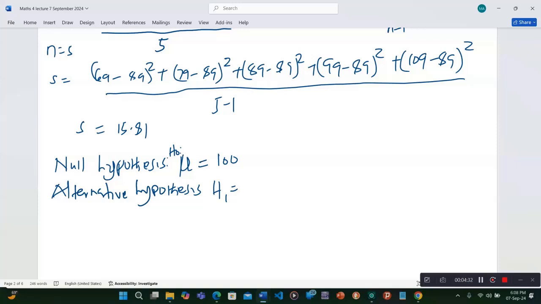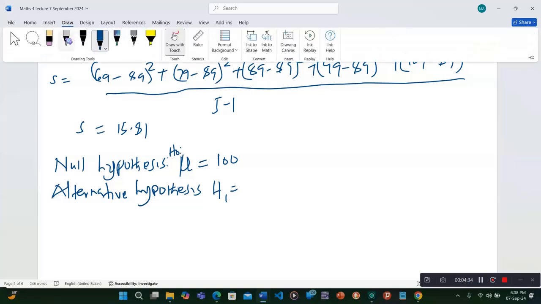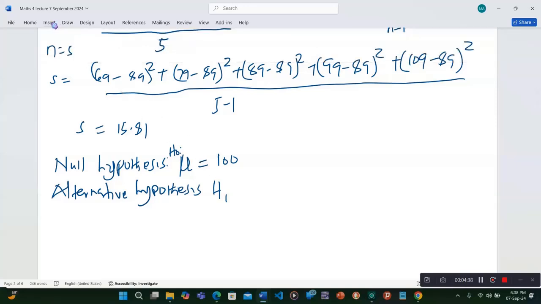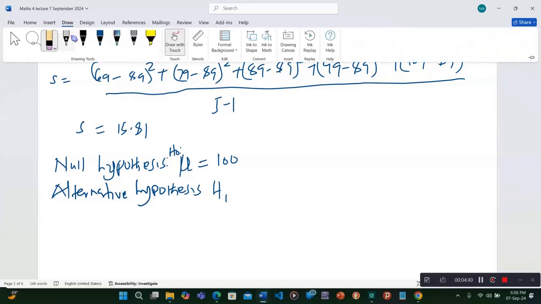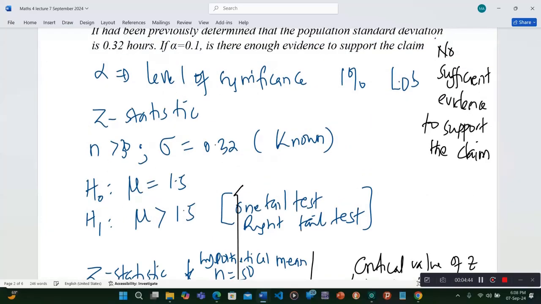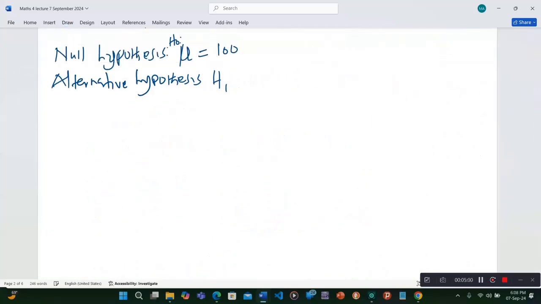So that means we are carrying out a one tail test, which is a left tail test. So the alternative hypothesis is mu less than 100.